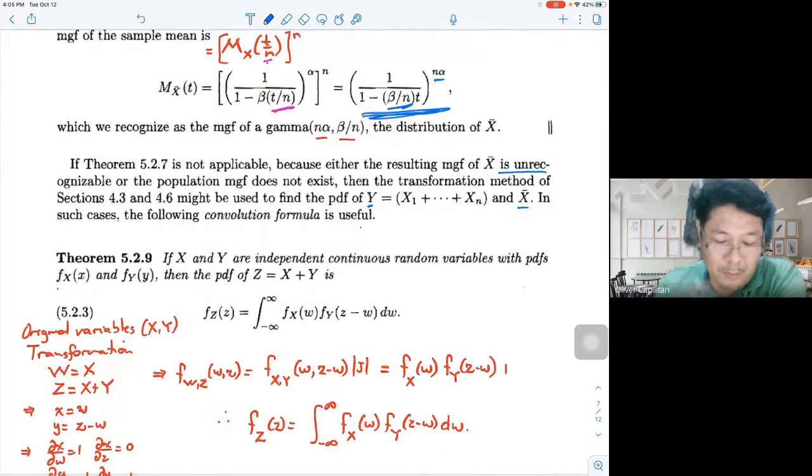So theorem 5.2.9 says here that if x and y are independent, continuous random variables with PDFs, f sub big X of x, f sub big Y of y, then the PDF of z here, which is the sum of two independent continuous random variables, is this improper integral of f of x evaluated at w, f of y evaluated at z minus w dw, negative infinity to positive infinity.